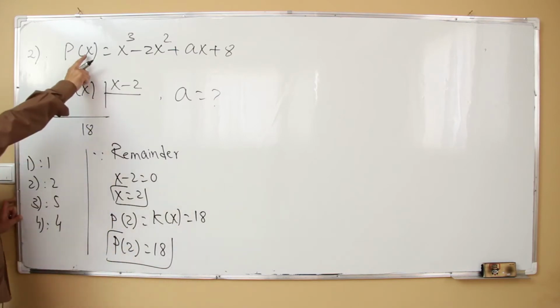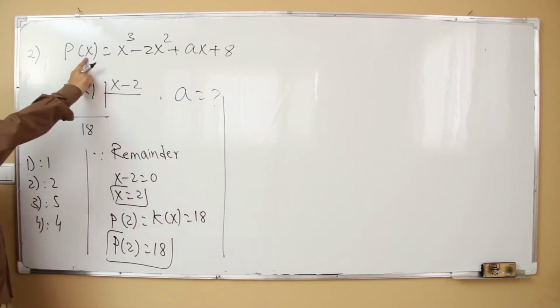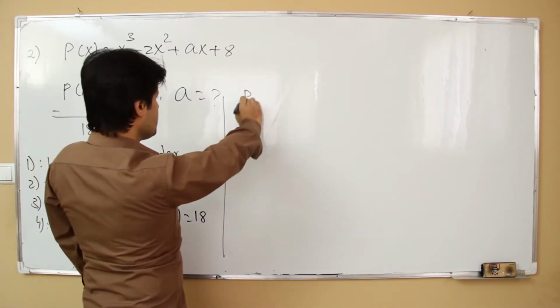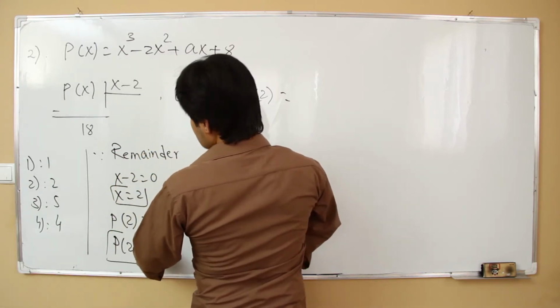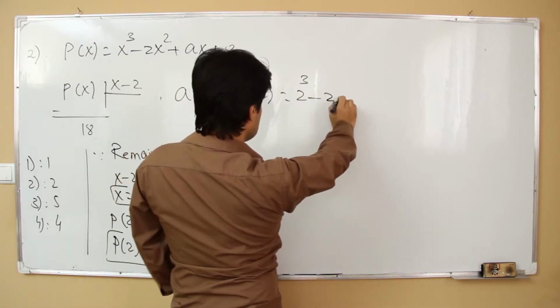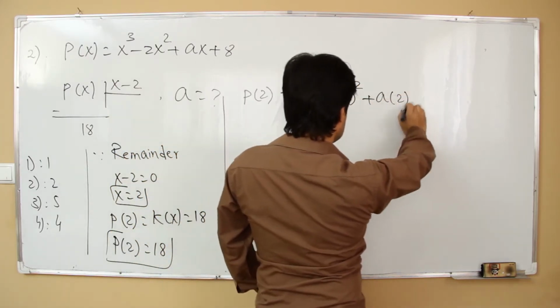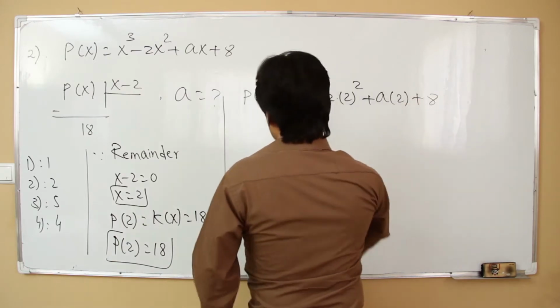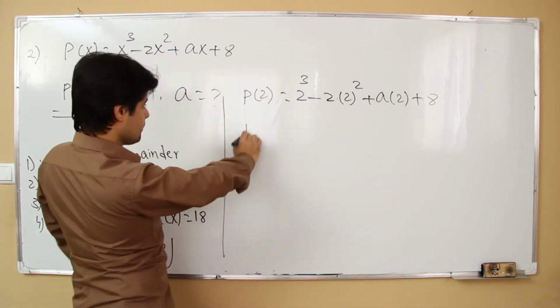Now instead of x you have to put 2, because we have px here. So p2 is equal to 2 cubed minus 2 times 2 squared plus a times 2 plus 8. Now p2 is the remainder, which is 18.